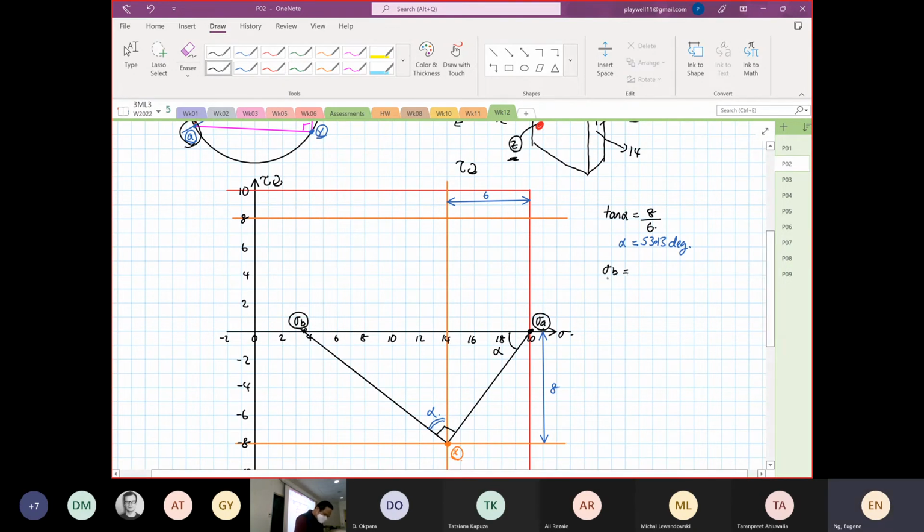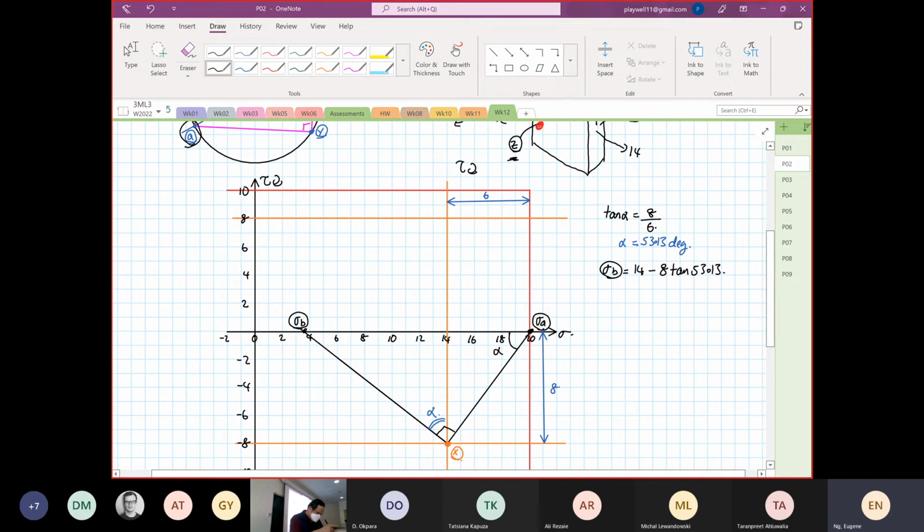Okay. So stress B is equal to 14 minus 8 tangent 53.13.